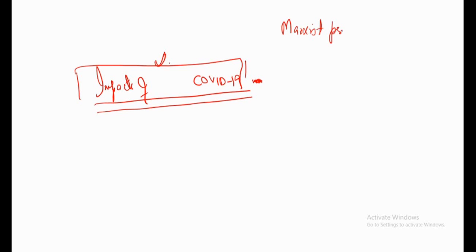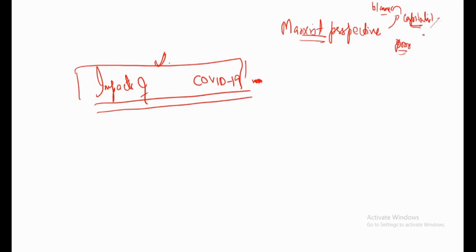Marxist perspective. I already mentioned that in the Marxist perspective, you will say that capitalists are getting benefits, and the poor are being exploited. You will put blame on capitalists, or you can say capitalism itself.